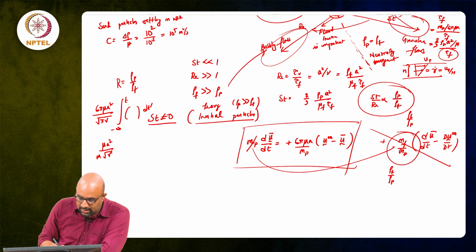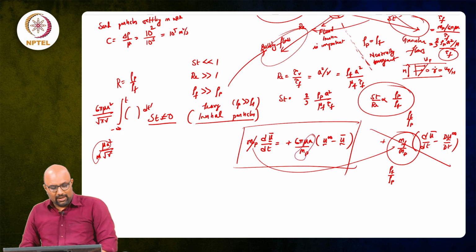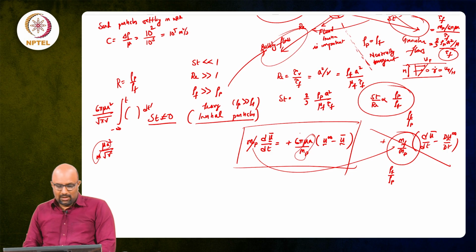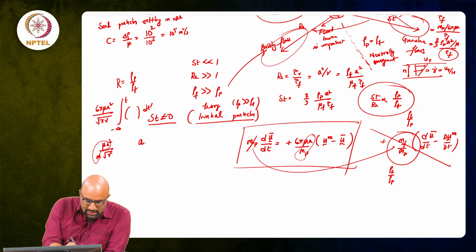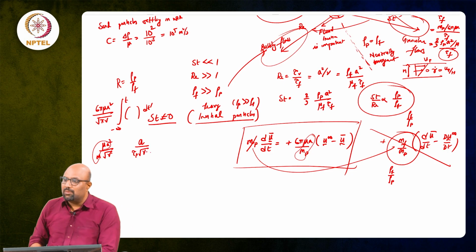What is mu a squared by the mass of the particle? It gives you a particle relaxation time, correct. So, this term will have a tau p, and then there will be a root nu term that appears here.